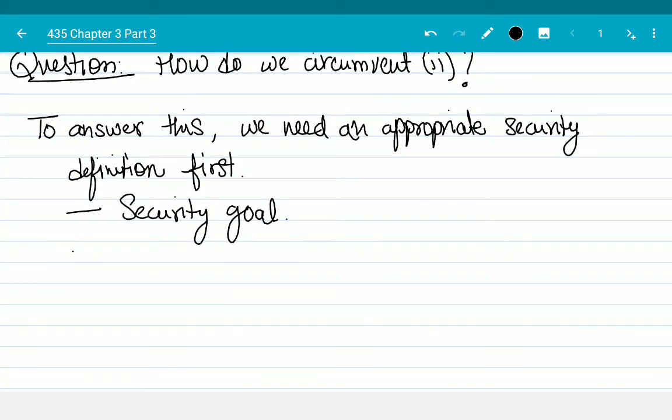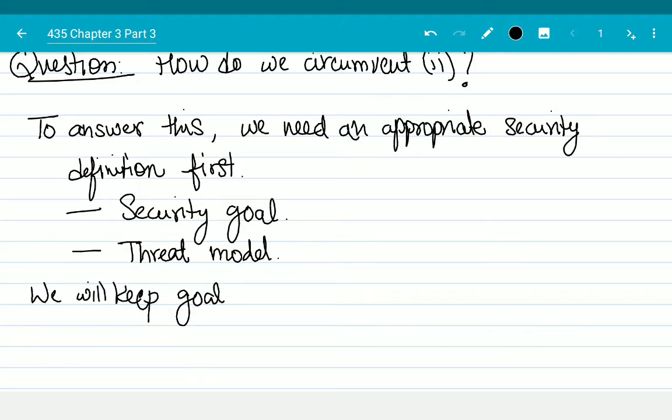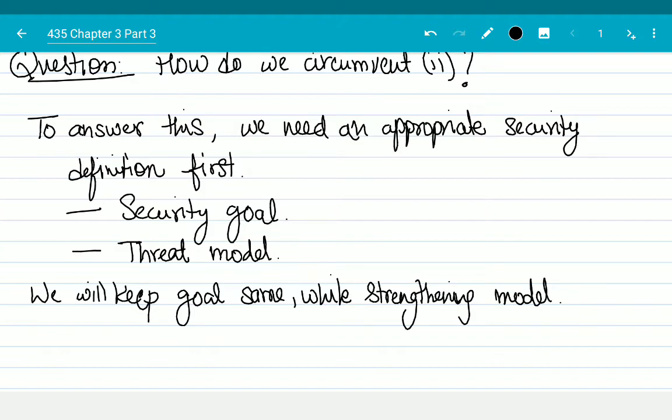And second, a threat model. What are we trying to keep secure under? So we are going to keep the goal the same while strengthening the model.